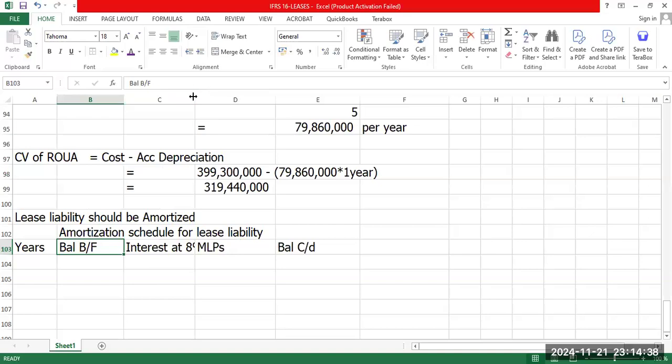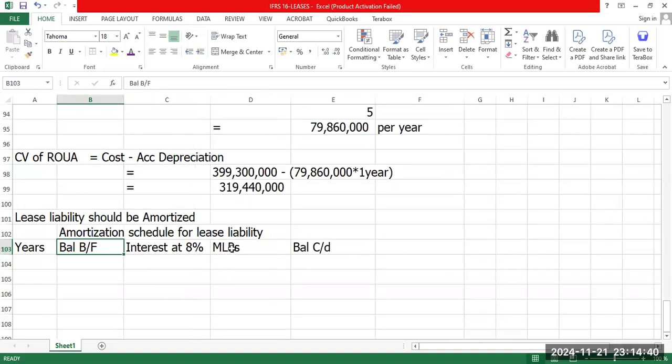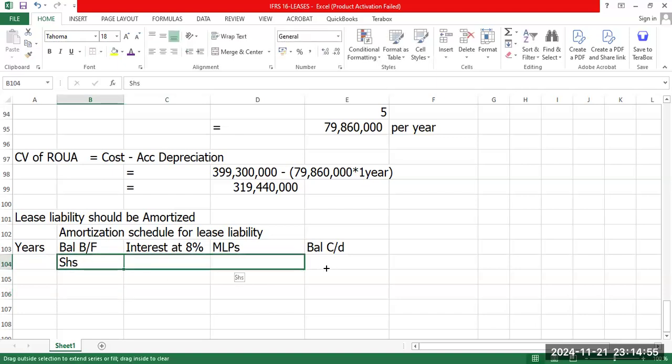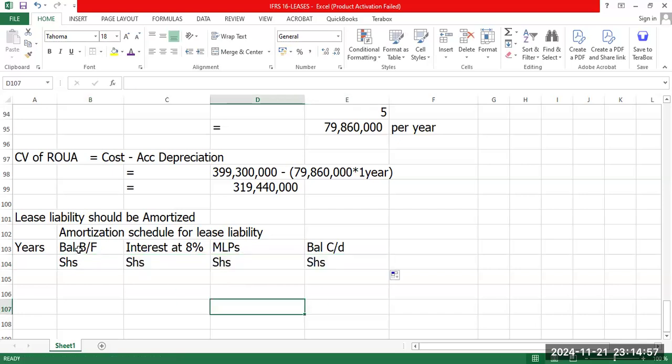That's if you're handling a question that has payment in arrears. If you're handling a question with payment in advance, this table will change. So here it is shillings.